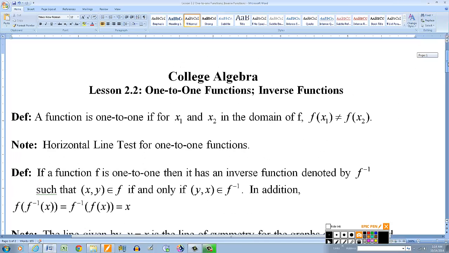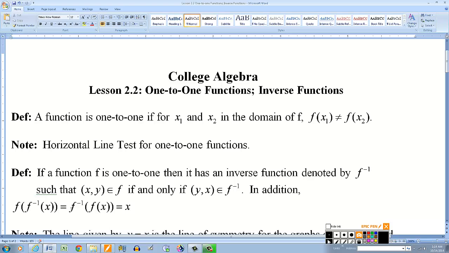Now here's the next definition. If a function f is one-to-one, then it has an inverse function, denoted by f inverse. f to the -1 is read f inverse, and it is such that if the ordered pair (x, y) belongs to f, then the ordered pair (y, x) belongs to the inverse.